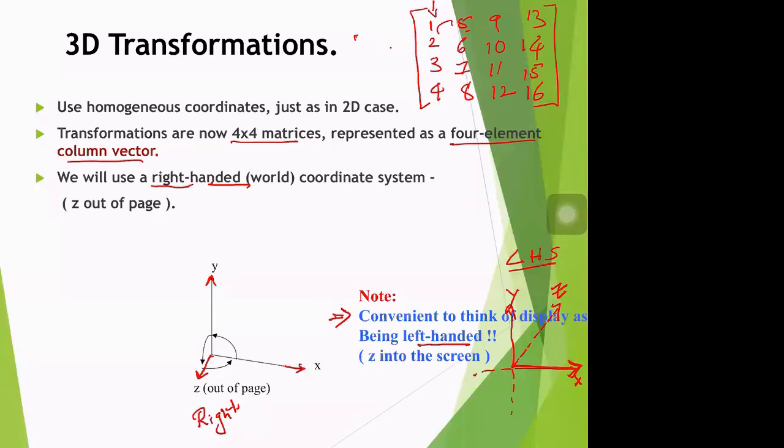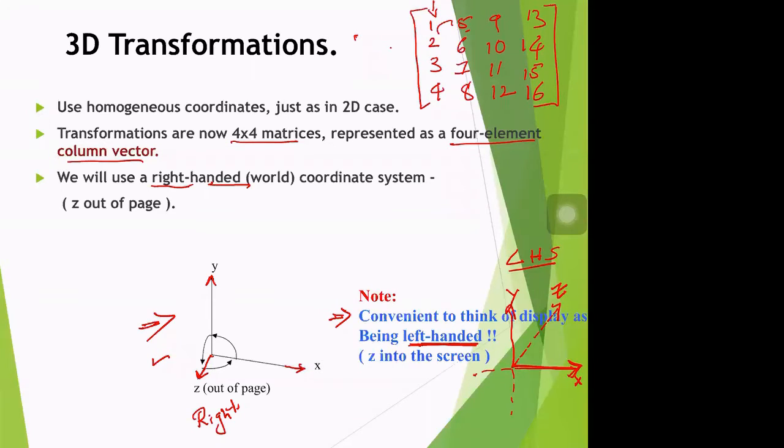So that's why they say that when you project onto the screen or to any device, see to it that it will be left hand side. Currently we are studying and drawing here, that's why we have taken the right hand side. So this is our basic, that I am taking my coordinate system, that is a right handed coordinate system.